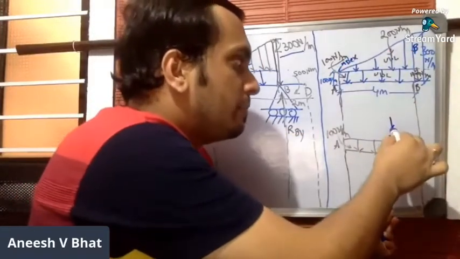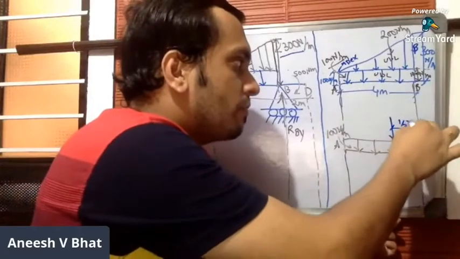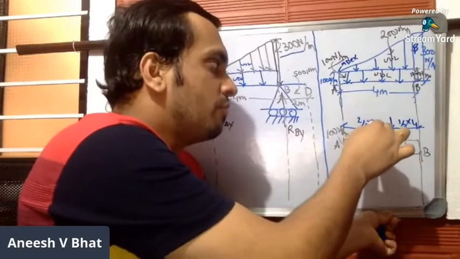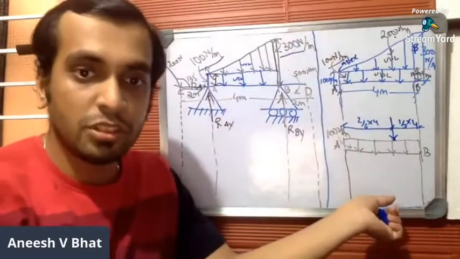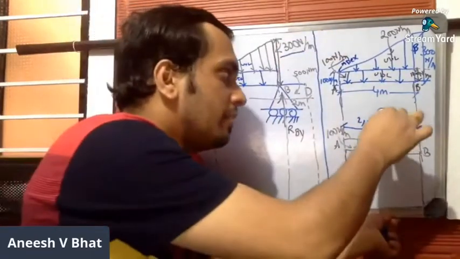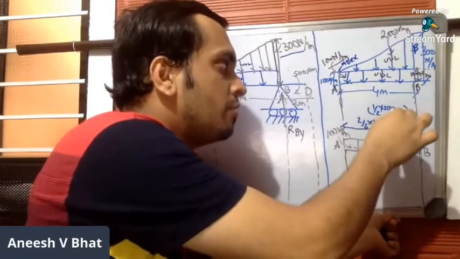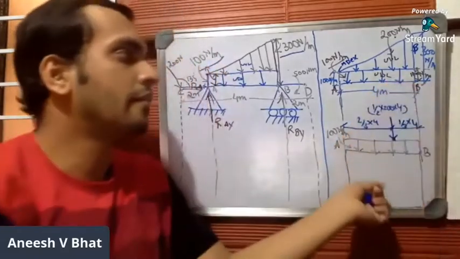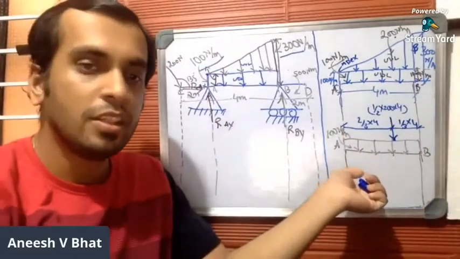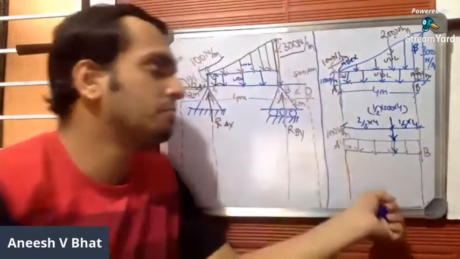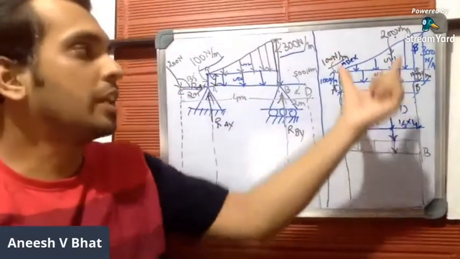So 1/3 of 4 from the base, and 2/3 of 4 from the apex, and the magnitude will be half into 200 into 4. So this is the point load. This can be extended and drawn here as well. No issues. Done. So you have converted the upper part.